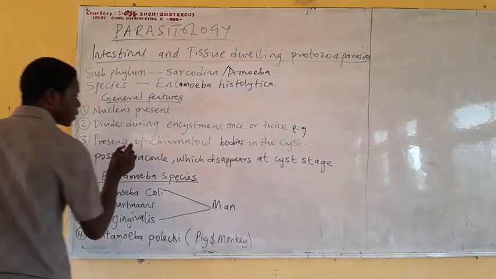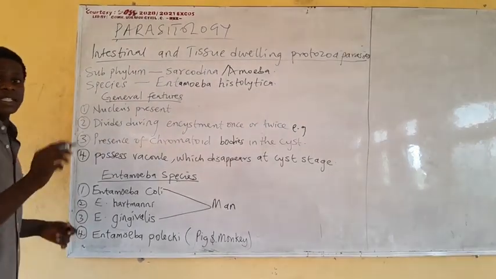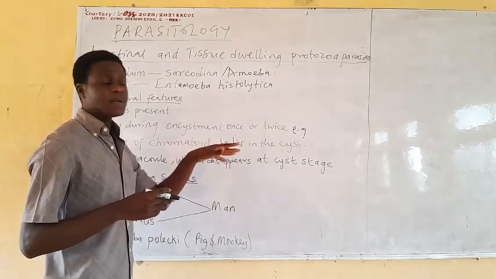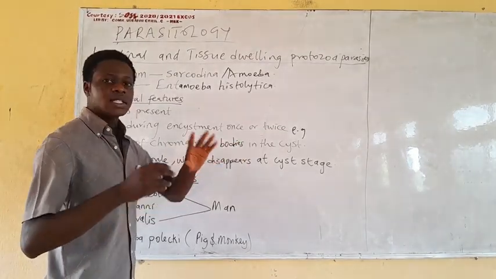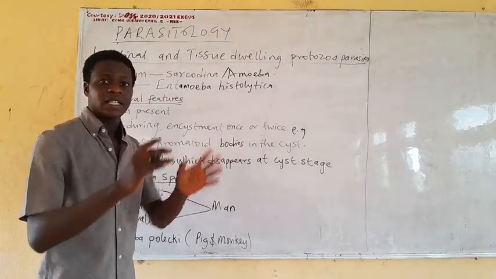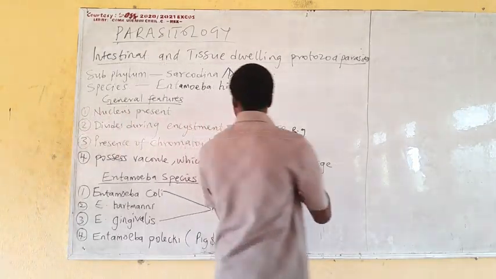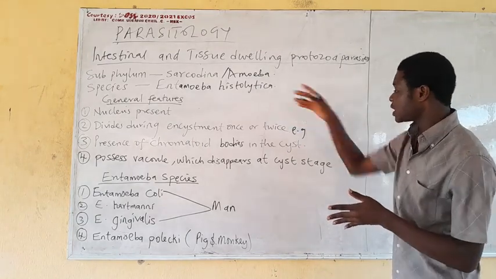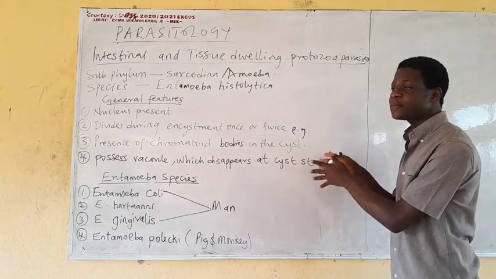The third is the presence of chromatoid bodies in the cyst. What is a cyst? Let me start with the meaning of cyst. Like I said earlier, encystment is the coverage, and the cyst is the form of the encystment. So Entamoeba histolytica possesses this form at the encystment stage.